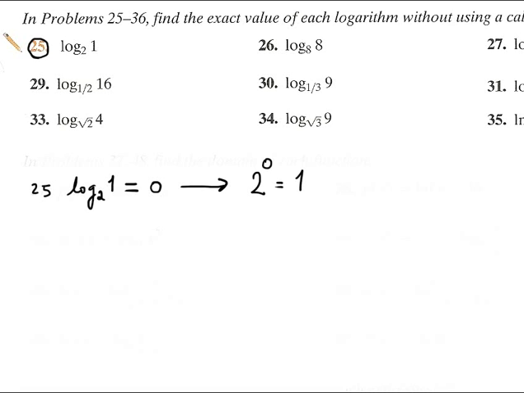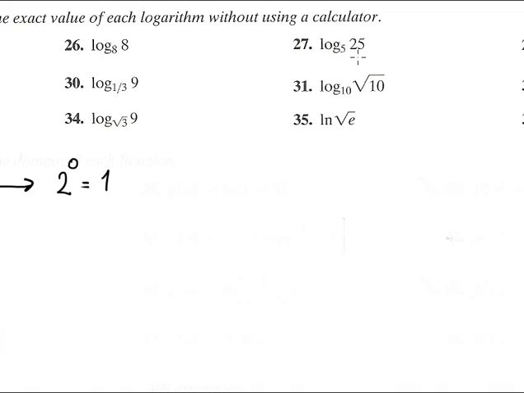Now 27. 27 is logarithm base 5 of 25 is equal to x. It's obvious too, because what exponent x is necessary to raise 5 in order to get 25? 5 to the second power.